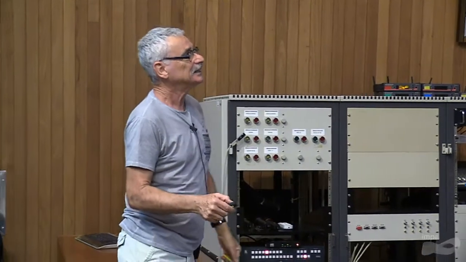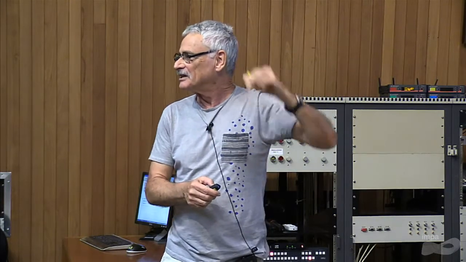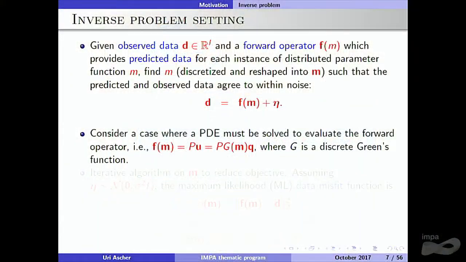Okay. And so now in particular, I think that is even in the title of the thematic year, we are looking at PDEs. And so in fact, we are going to assume that the F of M here involves a differential equation that is linear in the field U, but usually nonlinear in M. M are coefficients in the PDE.